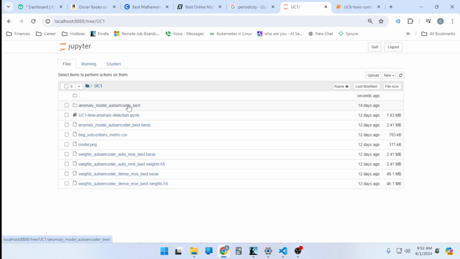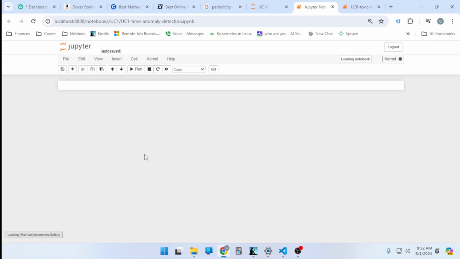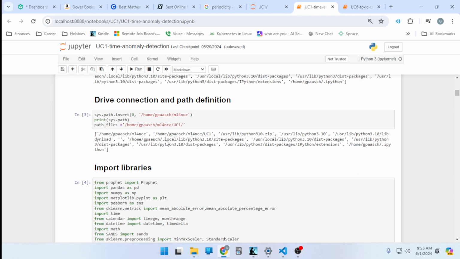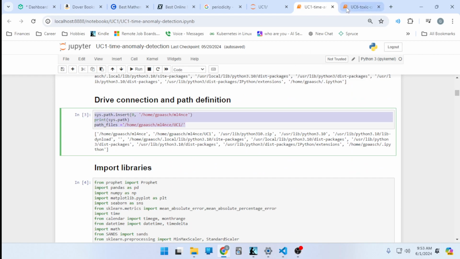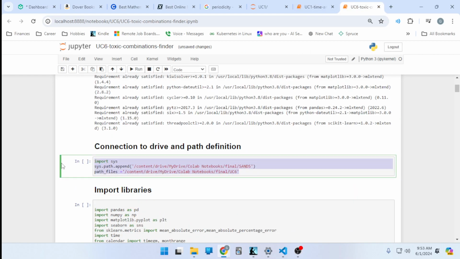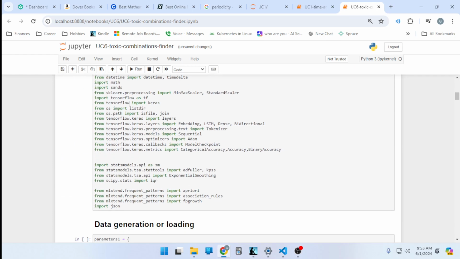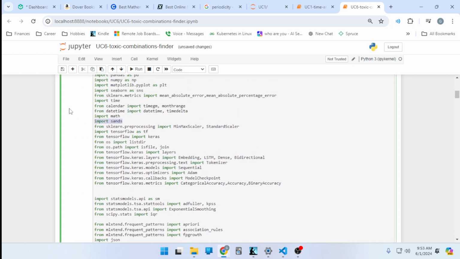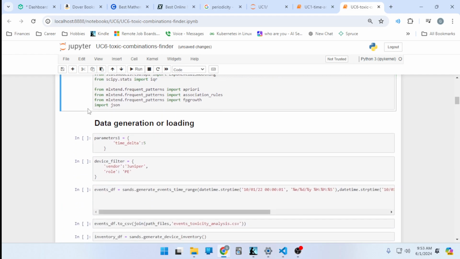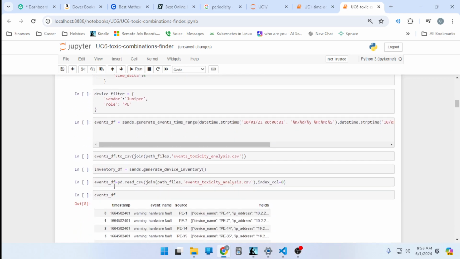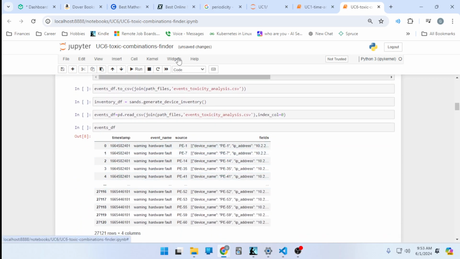And then we do need to change the next cell, and then we need to be extra careful to change it to use case 6. All right, and then we need to change the import statement for SANS. All right, looks good to me. So then this is the cell we're going to try to get down to.